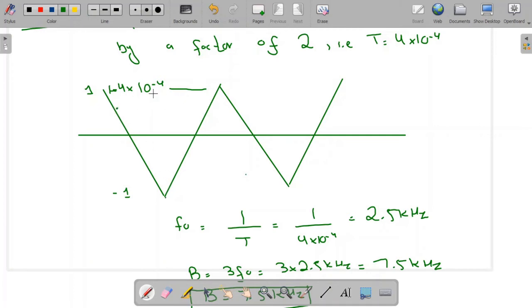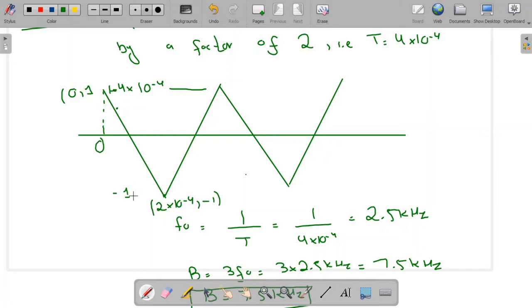Now the total period is 4 multiplied by 10 raised to power minus 4, so this point will be 2 multiplied by 10 raised to power minus 4 on the x-axis. Let's suppose this is my origin, so this point is (0, 1). And this point is (2 multiplied by 10 raised to power minus 4, minus 1).